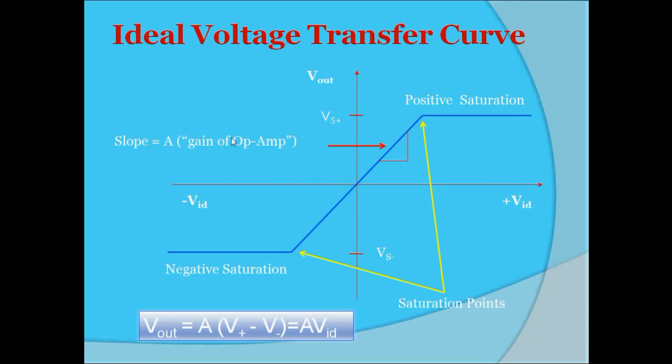This is the negative saturation level and this is the positive saturation level. So our output never exceeds these two saturation levels. These saturation voltages are given by the output voltage swing, and that depends on the supply voltages that we have provided to the operational amplifier.